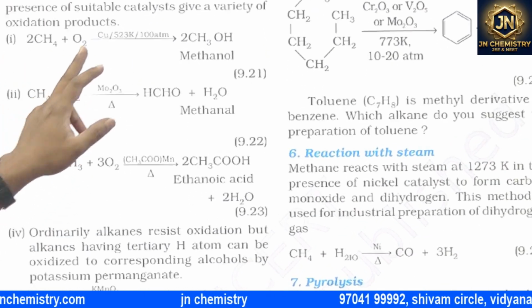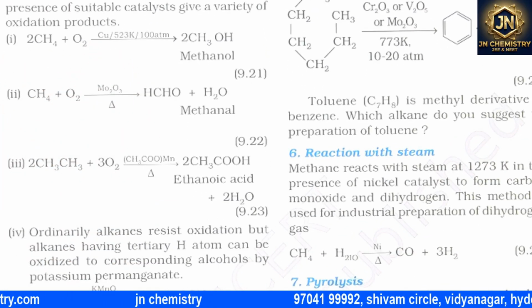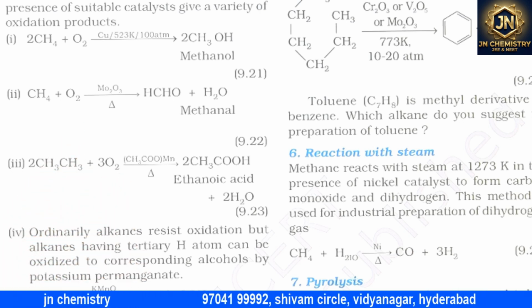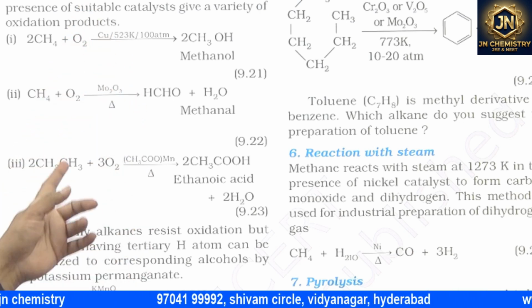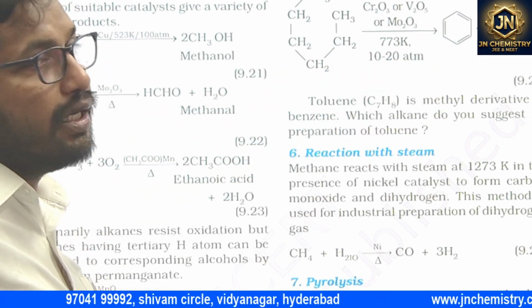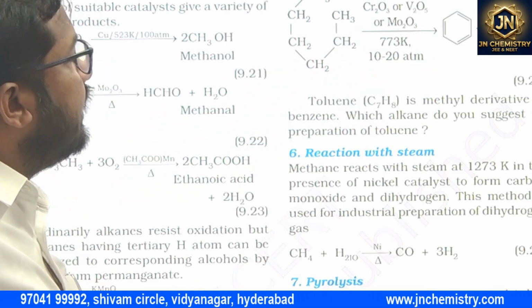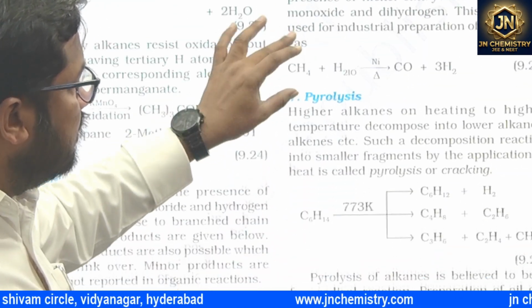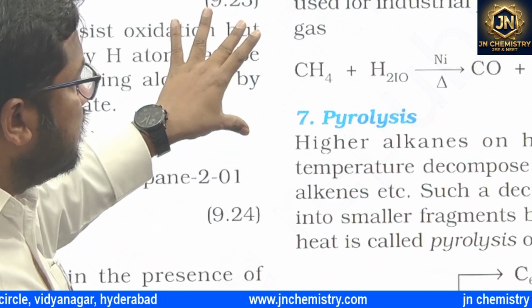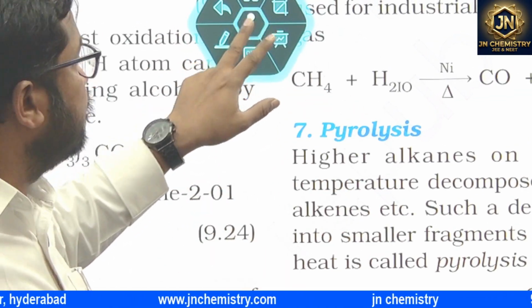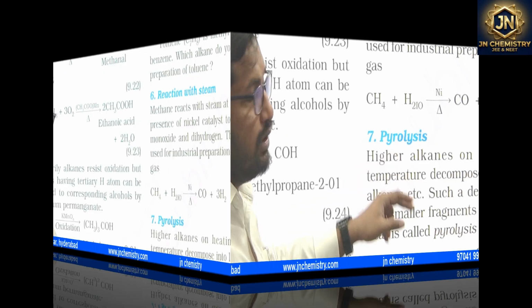Controlled oxidation with copper at 523 K and high pressure, Mo2O3, manganese acetate. These 4 reactions are very important. Aromatization with Cr2O3, V2O5 or Mo2O3 at 773 Kelvin. Reaction with steam, I think I didn't explain this, so write it down: CH4 plus H2O, steam, gives CO plus 3H2.